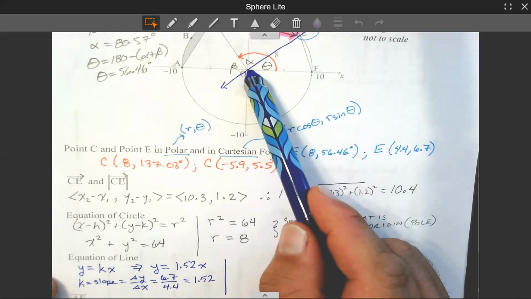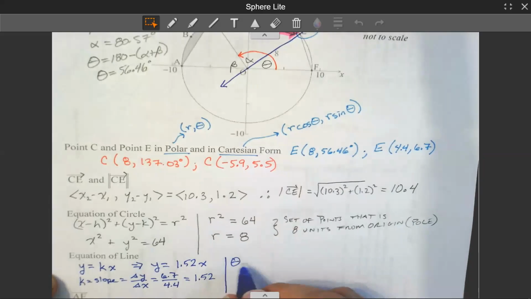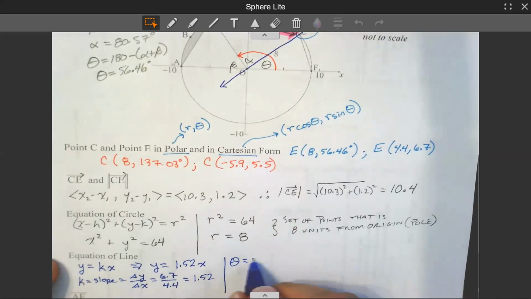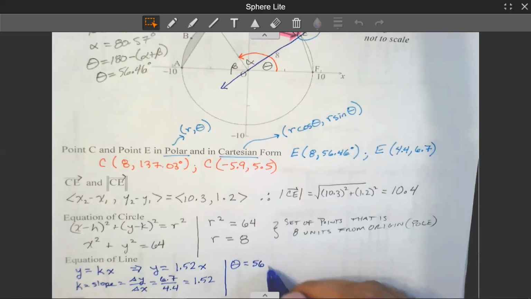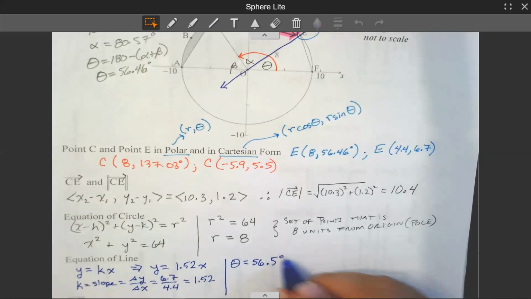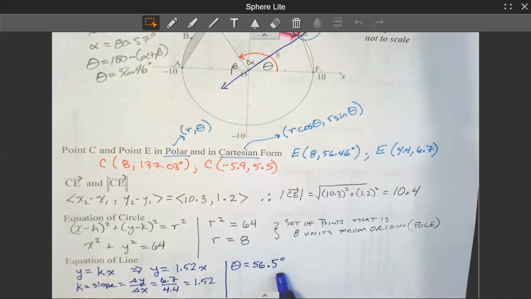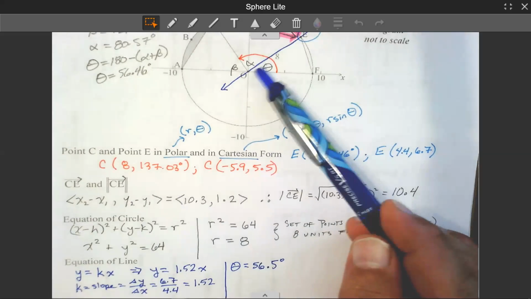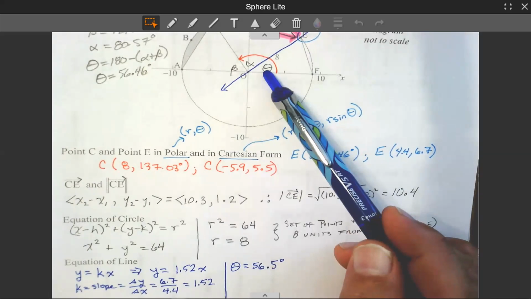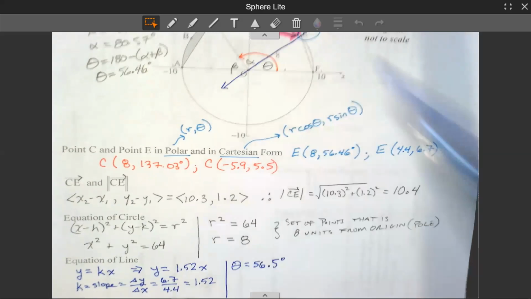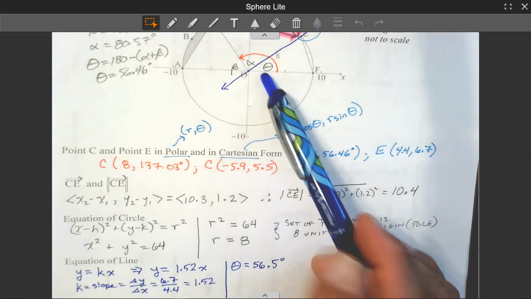So I could say that theta is going to be 56.5 degrees approximately, because theta is 56.46. That's going to be my angle. It doesn't matter how I'm going to describe this line. This is always going to be the angle made with the horizontal. But we have to be careful because this approach only works if I go through the origin.